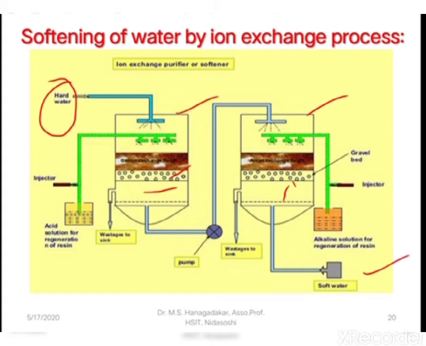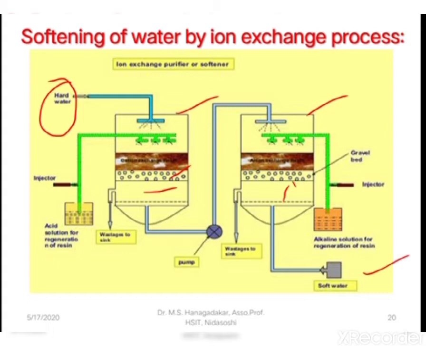As the softening of water by ion exchange resins continues, the resins get exhausted. The exhausted resins are reactivated by cleaning, by allowing acid and alkali from the top of the respective compartments.